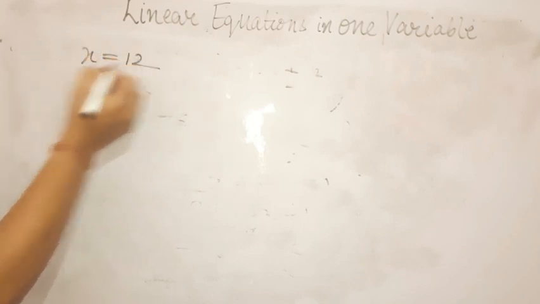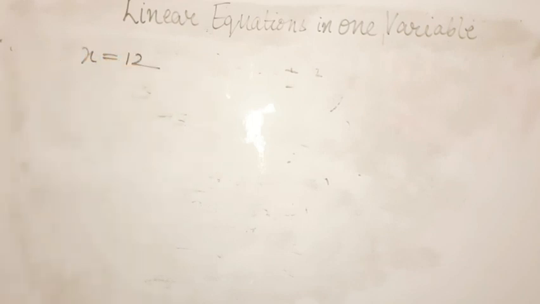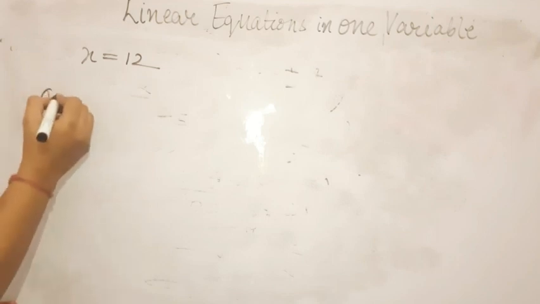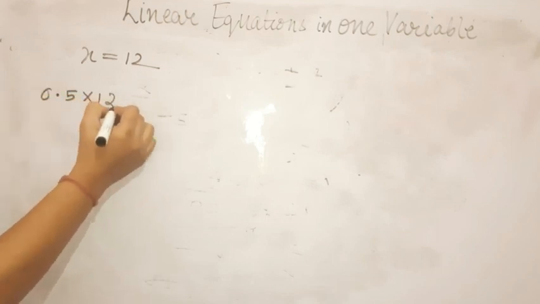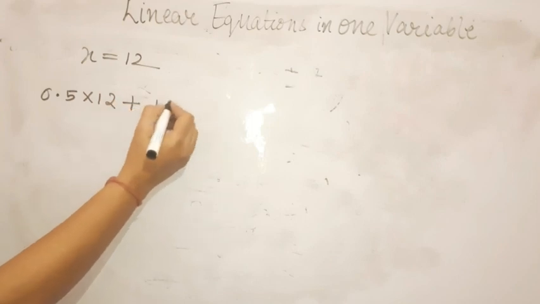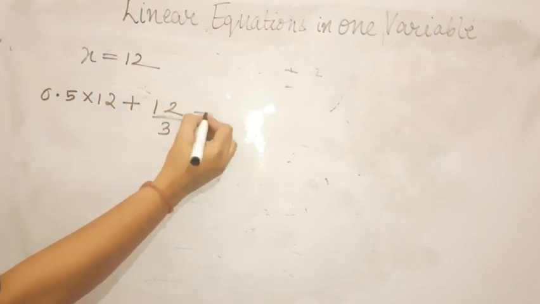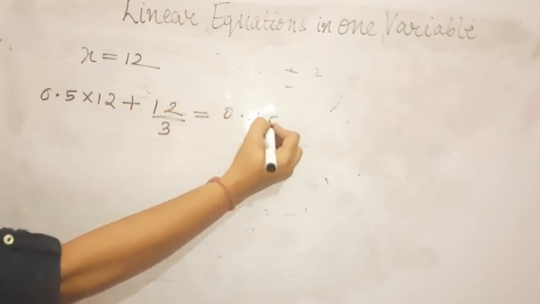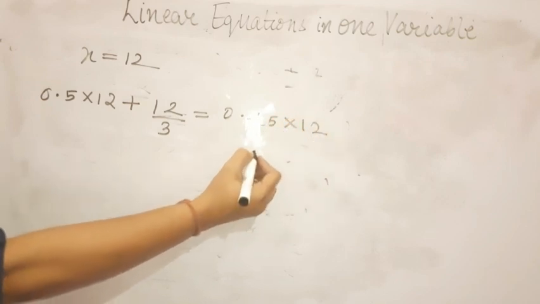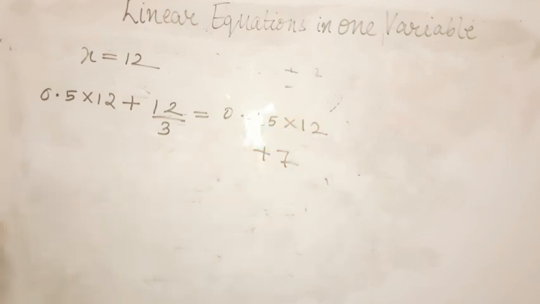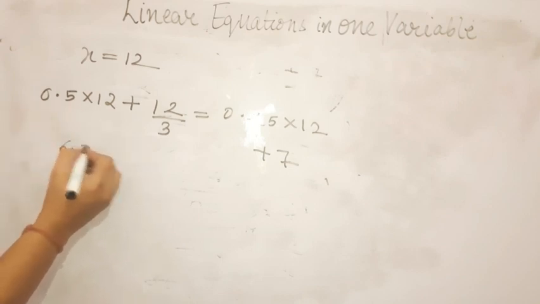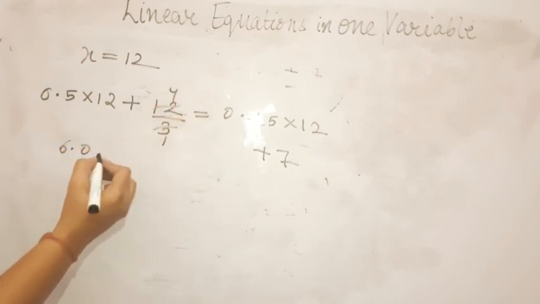Now we have to verify whether it is correct or not. So to check it, we have to place the value of x in the equation. 0.5x plus x upon 3 is equal to 0.25x plus 7. This was the equation. Now 0.5 multiplied by 12 will be 6.0. 3 1s are 3, 3 4s are 12.